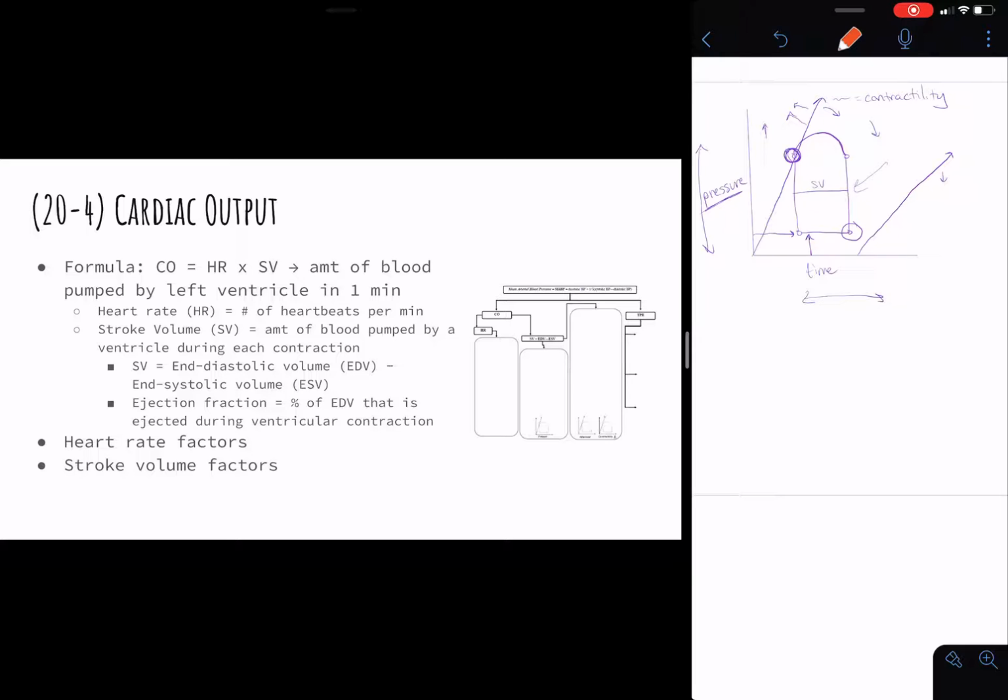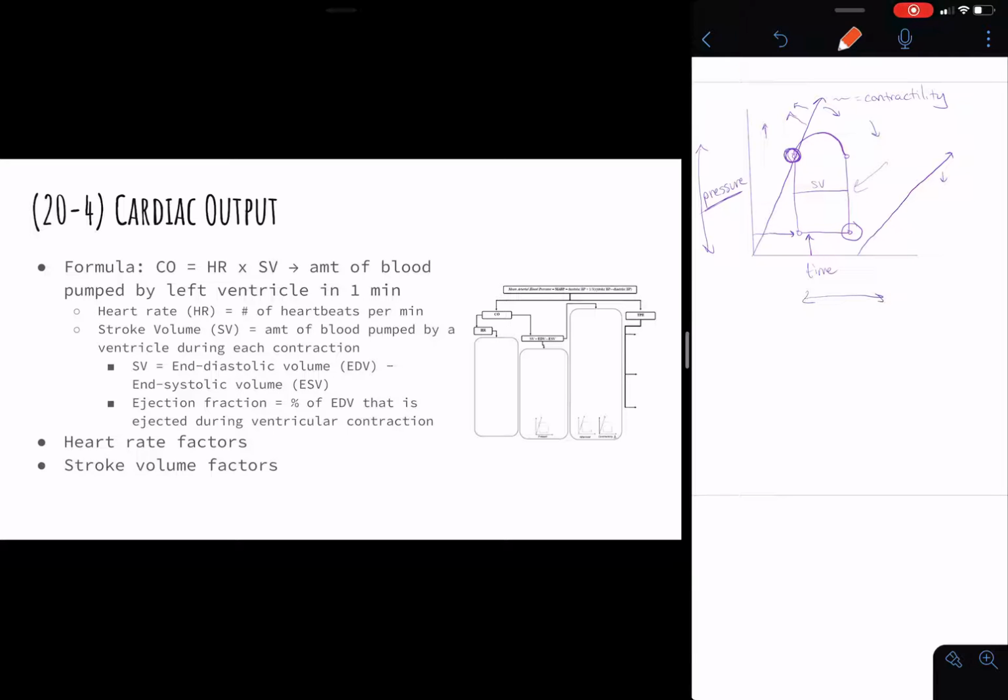Total peripheral resistance we'll discuss in chapter 21, so we won't really talk about that here. But in this chapter, we're going to talk about cardiac output, since this is talking about the heart function itself. And so we can measure cardiac output by measuring heart rate times stroke volume. And remember, we talked about heart rate being the number of beats per minute, and stroke volume being the amount of blood actually ejected out in one contraction.